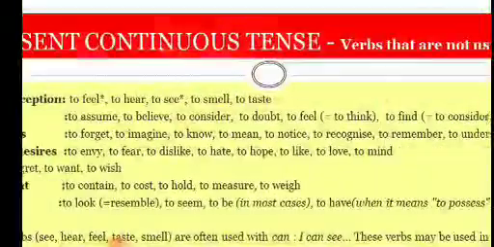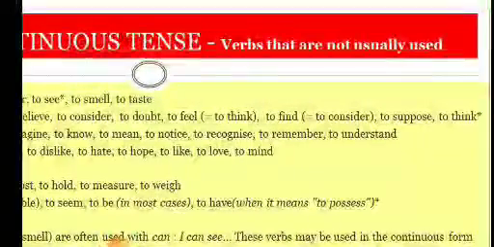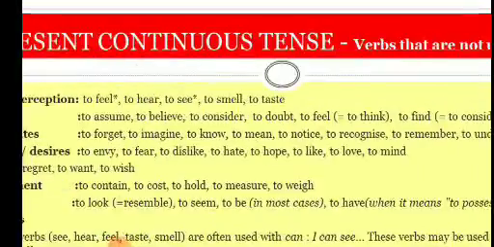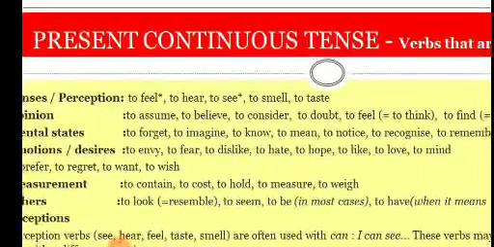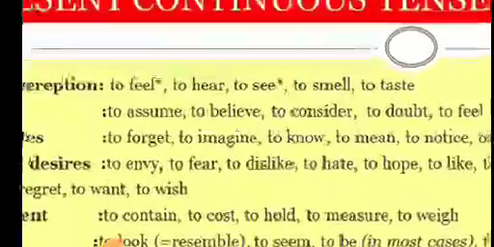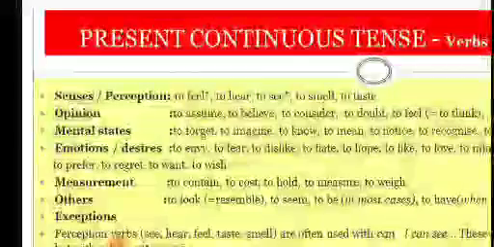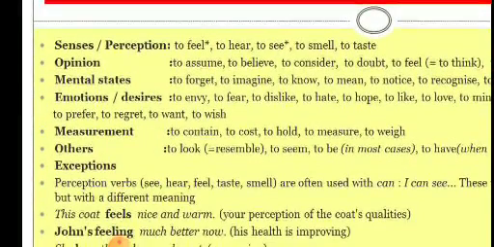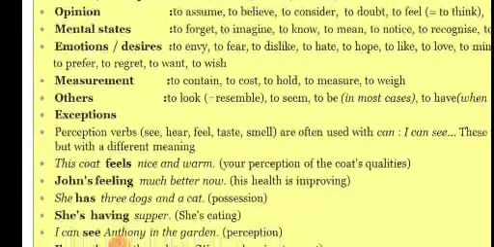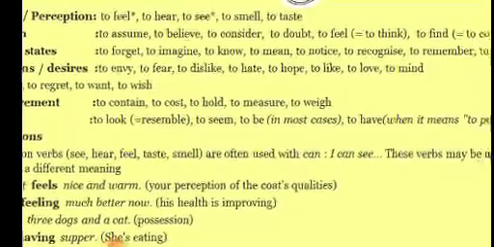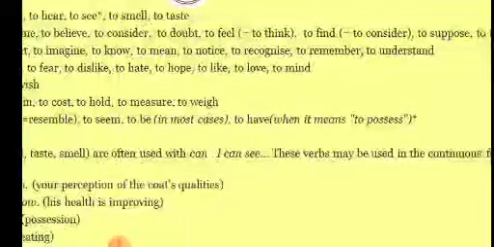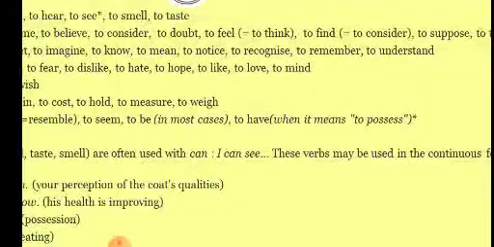So likewise, there are verbs that are not usually used in present continuous tense. So where is this the case? In case of senses or perception, opinion, mental states, emotions or desires, measurement and others like to look, to see, to be, to have in the sense to possess.